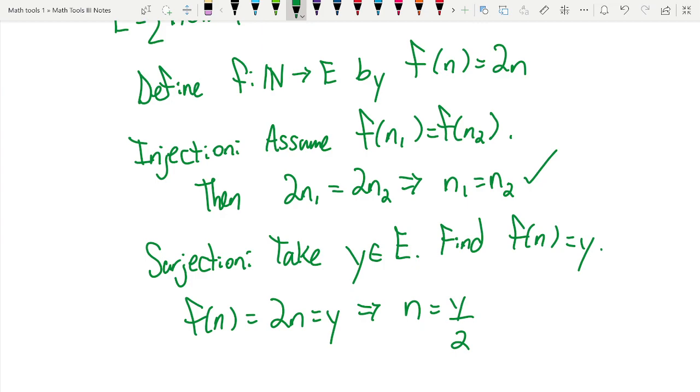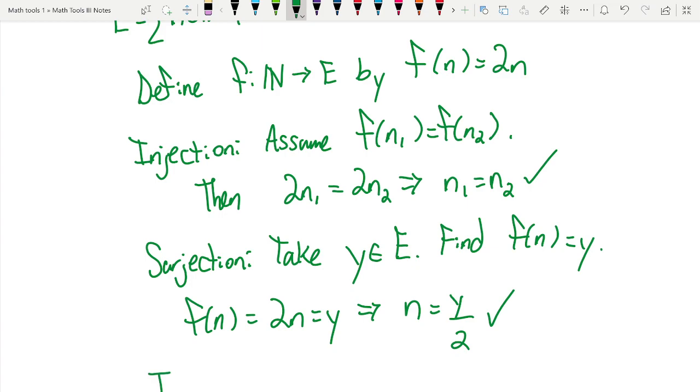So y came from the even numbers. If we take that y, the even number, and we divide it by 2, we will be left with an element in the natural numbers. So this is guaranteed to exist. So this n is definitely in the natural numbers, so we have found its corresponding element here. So this is a surjection.